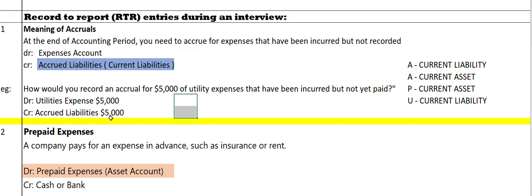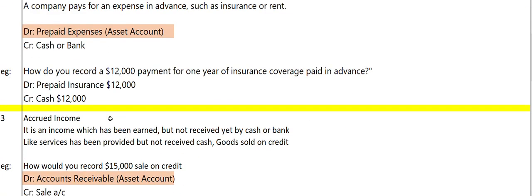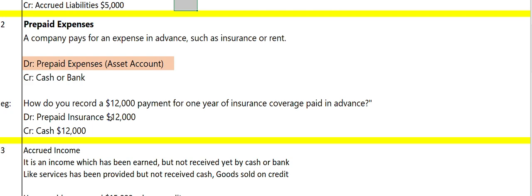The second one is prepaid expenses. A company pays for an expense in advance, such as insurance or rent. So the entry for that is prepaid expenses account debit to cash or bank. For example, how do you record a 12,000 payment for 1 year of insurance coverage paid in advance?